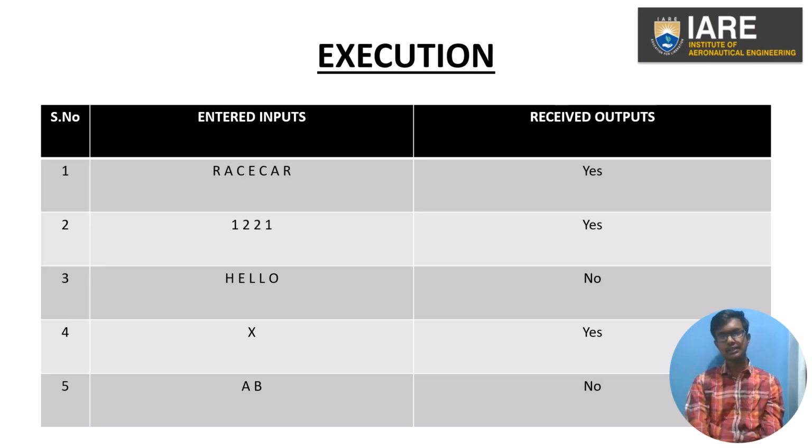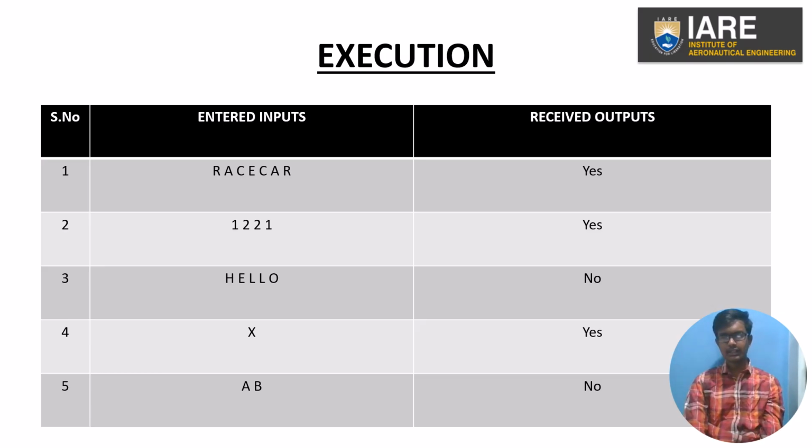Now, as you can see, in the execution, I had made a tabular form of the entered inputs and the received outputs. In the first place, I had entered RACECAR, as you saw in the previous code, the driver code. It came yes as the output, and after that 1221, it came yes, and after that HELLO, it came no, as we can see that it is not a palindrome.